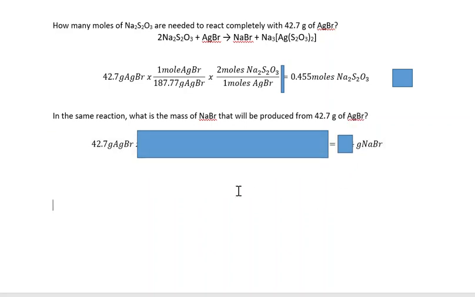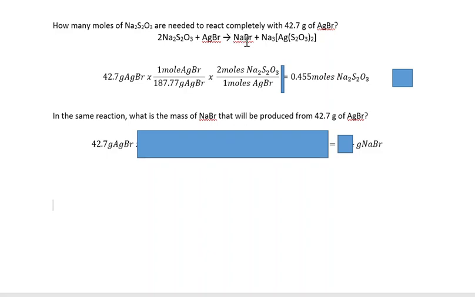All right. Now, how do I get from grams of silver bromide to grams of sodium bromide? Well, I do what we did right up here. I'm going to convert grams of silver bromide to moles of silver bromide, and then I can relate my moles of silver bromide to my moles of sodium bromide, and the good news is that's just a 1-to-1 relationship, so that's pretty easy math.